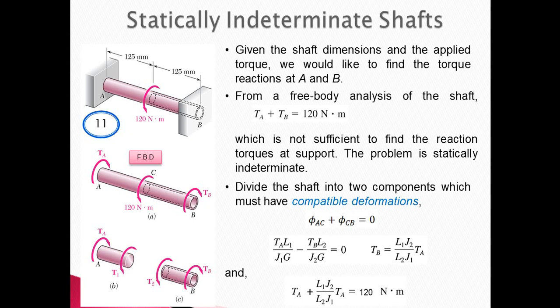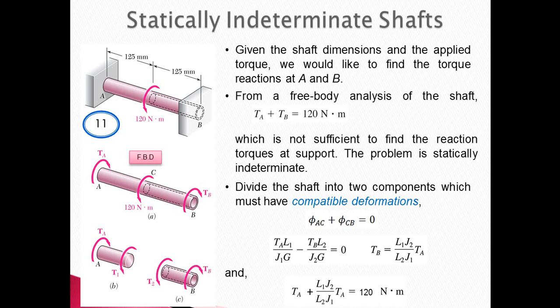Using the equation, we obtain TA plus TB is equal to 120 Nm. The other two equations of equilibrium, summation of force in the y direction equal to 0 and summation of moment equal to 0, do not solve for the unknown reactions at the support. Therefore, using the equations of equilibrium alone without any extra equation is not sufficient to find the reaction torque. This type of structure is called statically indeterminate.